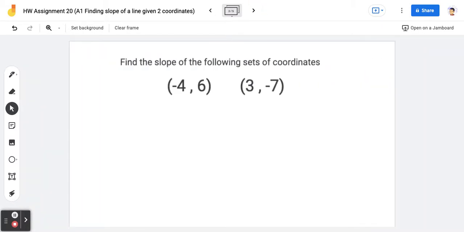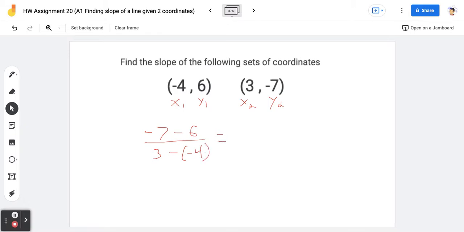Next one. First step, I'm going to label x1, y1, x2, y2. All right, difference of my y's. So negative 7 is y2 minus y1, which is 6, over x2, which is 3, minus, now watch what I'm going to write, x2 minus x1. So that's 3 minus negative 4.